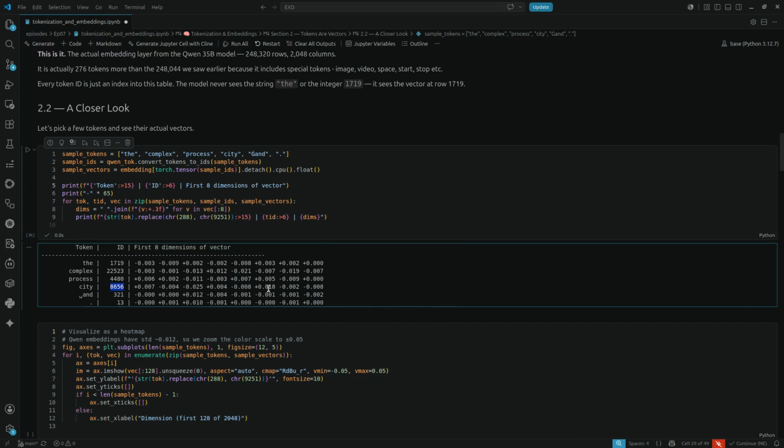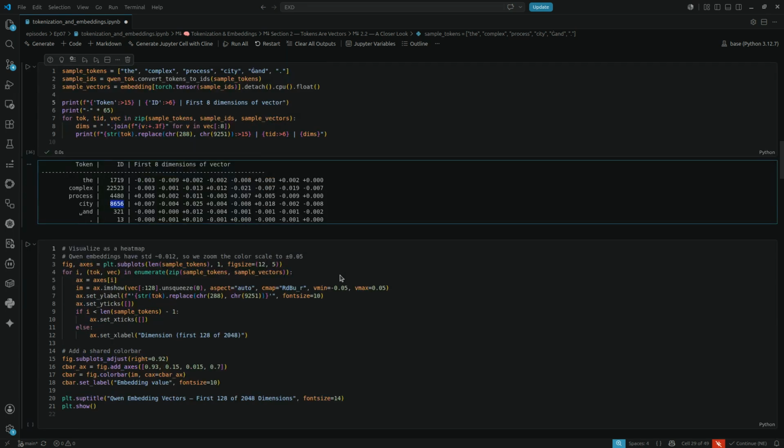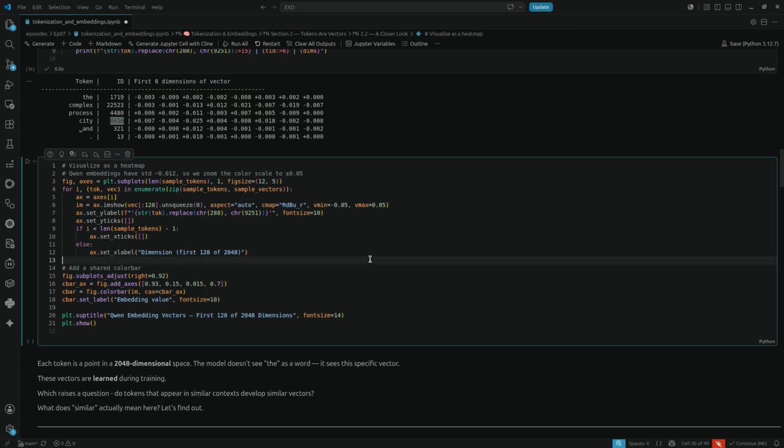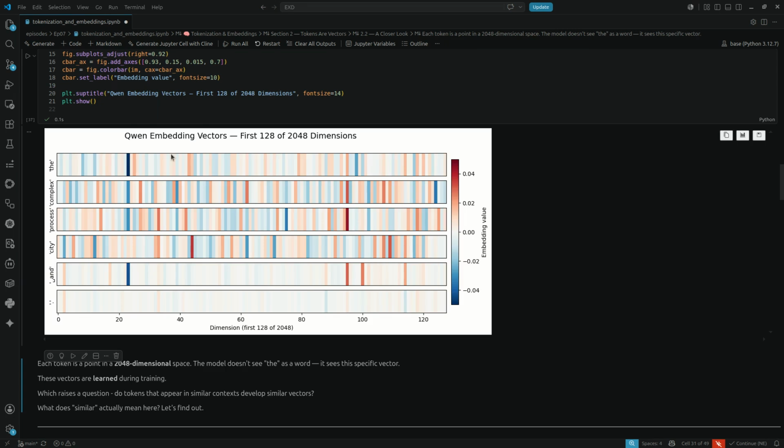It's kind of hard to see what this even means. Let's take a look at it as a heat map. So this is all the 2048 dimensions in a heat map, and it goes from minus 0.05 to plus 0.05, so it compresses it into a unit size, and there are, I'm sure, many optimizations that take advantage of this.